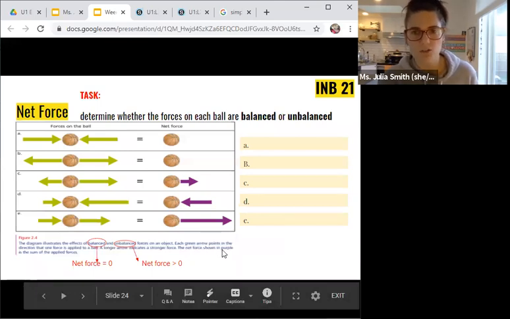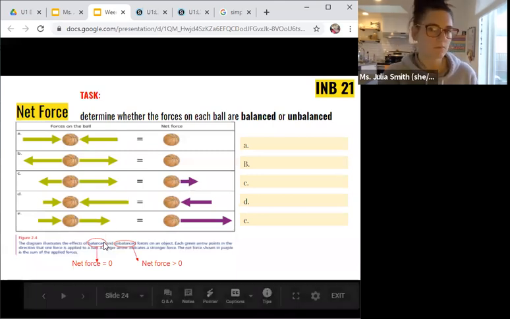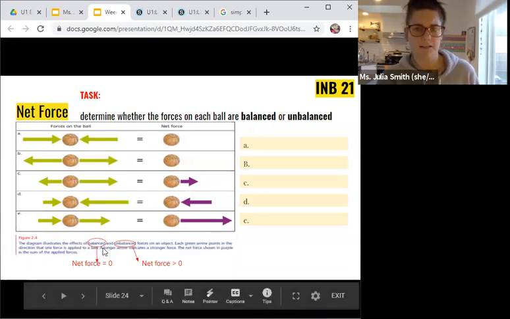The net force shown in purple is the sum of the applied forces. So green arrows are the forces acting on the ball, and the purple arrows are the net force. I've added this annotation here: balanced forces when the net force is 0, and unbalanced forces when the net force is greater than 0.